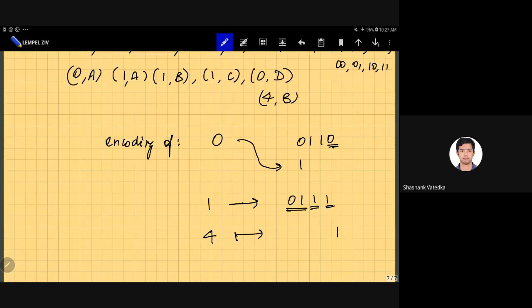Right, so it's 1 0 0 1 1 0 0 1. So 0 0 1 followed by three ones, followed by two ones, followed by 1 0 0. Okay, so these are the encodings of the integers 0, 1, and 4.